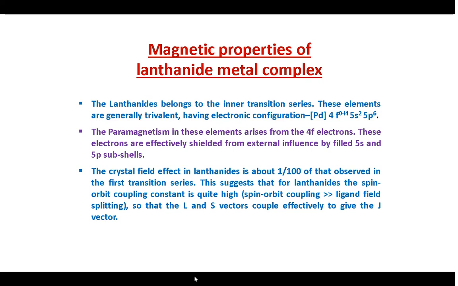The crystal field effect in lanthanides is about 1/100 of that observed in the first transition series. This suggests that, for lanthanides, the spin-orbit coupling constant is quite high, that means spin-orbit coupling is much higher than ligand field splitting, so that the L and S vectors couple effectively to give the J vector.